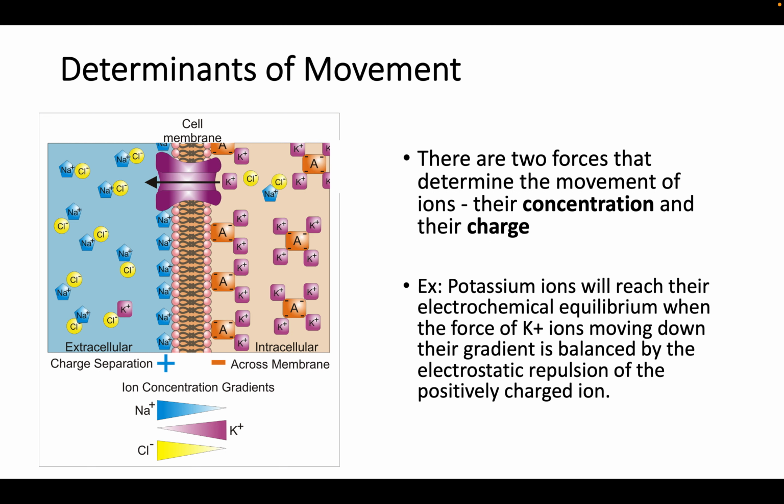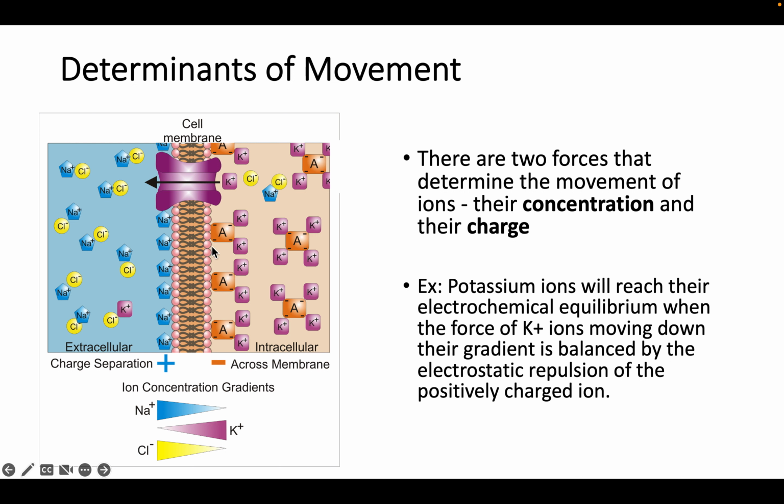However, we have a second one as well, and this is the electrical force, or the charge, right? So if you have lots of potassium here, this potassium is very positively charged, right? And we have relatively little positive charge on this side, okay?